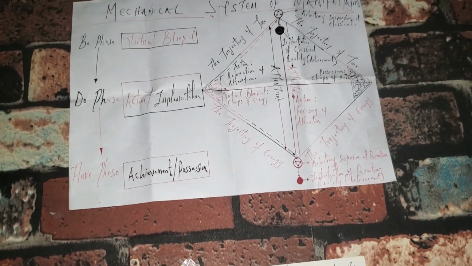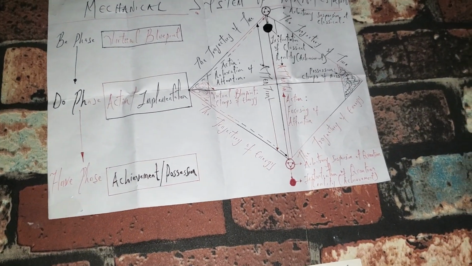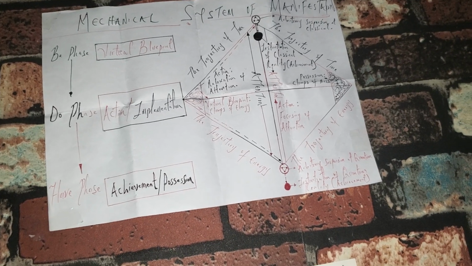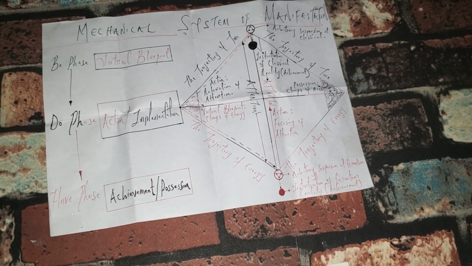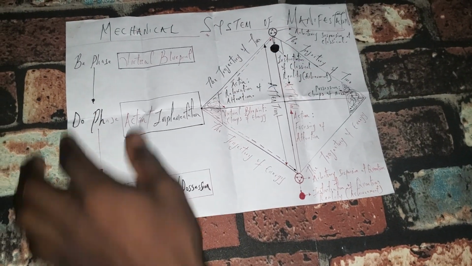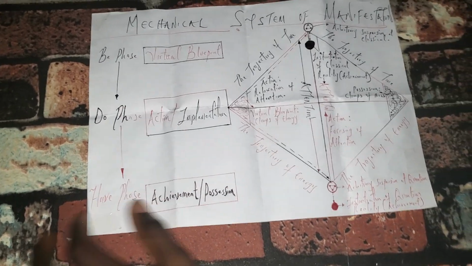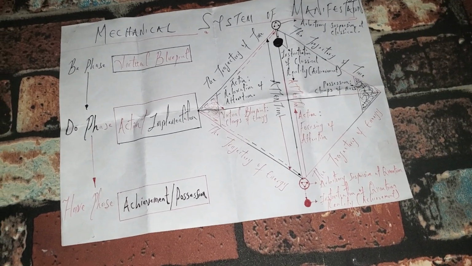The universe works in such a way that you need to be what you want to become before you can actually have that achievement. So that is why we have the be phase as the first phase, the do phase as the second phase, and the have phase as the final phase.